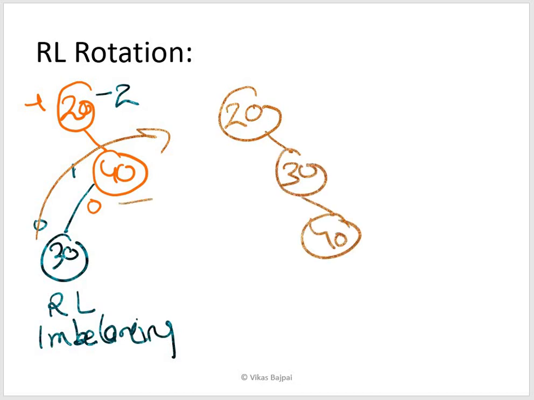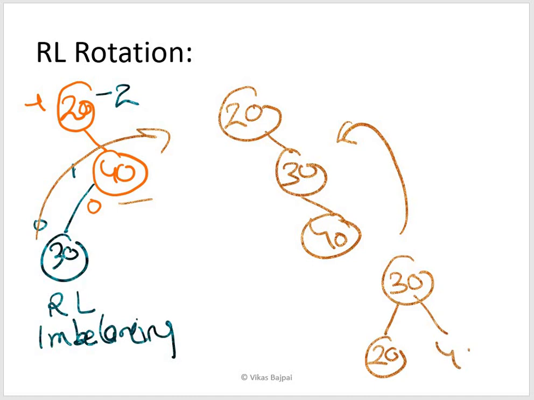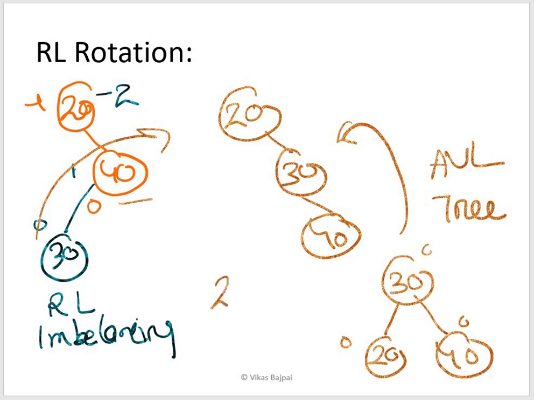Holding this, going for this, and then for this kind of rotation I'm going to get 30 here, 20 here and 40 here. Once again 0, 0, 0, a perfect AVL tree. So it is almost similar to what you had in case of LR rotation, but just a mirror image of it. And once again we see that this is a two-step rotation.